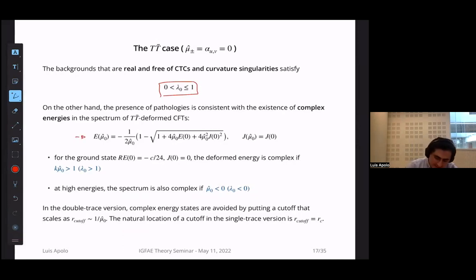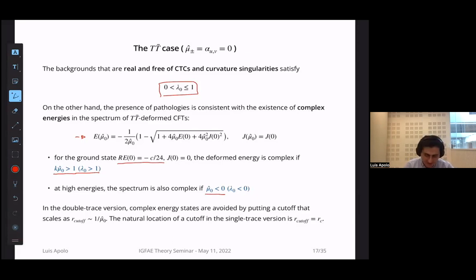For the ground state, where the energy is minus c/24, the deformed energy becomes complex unless the deformation parameter satisfies this condition. Similarly, at very high energies, the spectrum also becomes complex whenever the deformation parameter is less than 0. So just by studying geometrical aspects of this solution, we find that they have a lot to do with the TTbar deformation.